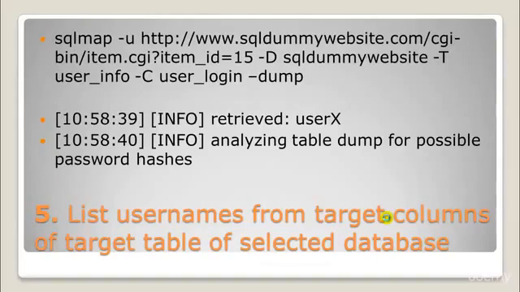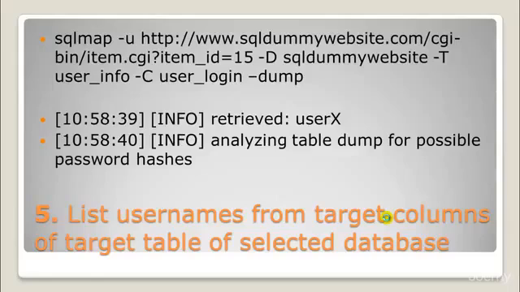So the next step that we would be doing would be to list usernames from the target columns of the target table of the selected database using sqlmap injection. sqlmap SQL injection makes this easy. So for us to do that, we need to run this specific command. That's sqlmap -u and so on, -D SQL dummy website -T user info -C user_login --dump.